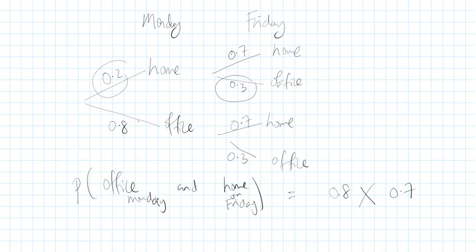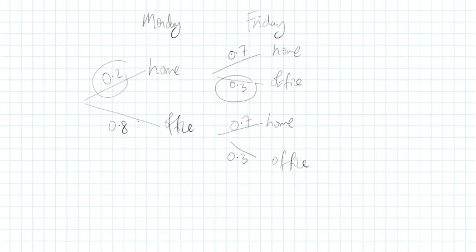Now, there is something called conditional probability, which you may get. Let us work out a conditional probability question. Let's say they ask you, what's the probability that the person goes to the office on Friday if the person was home on Monday?